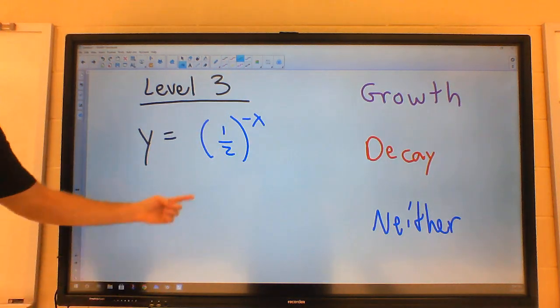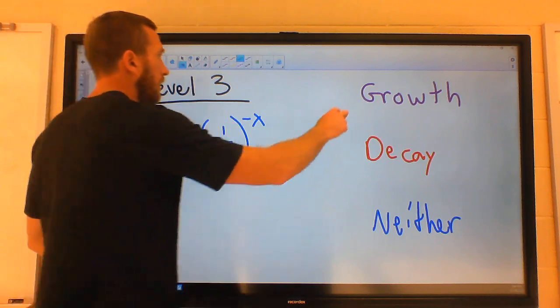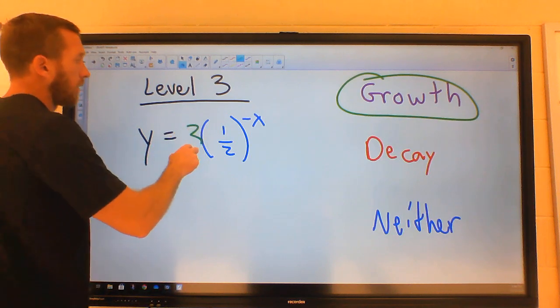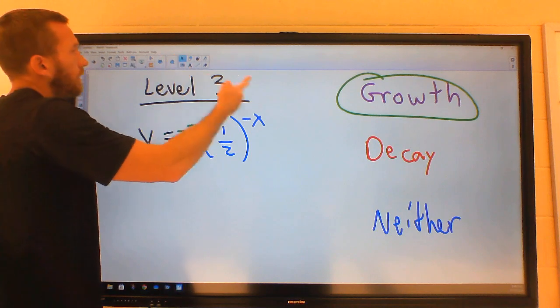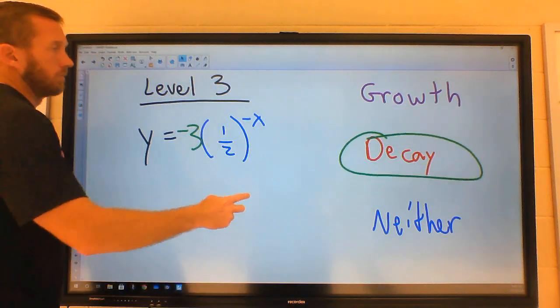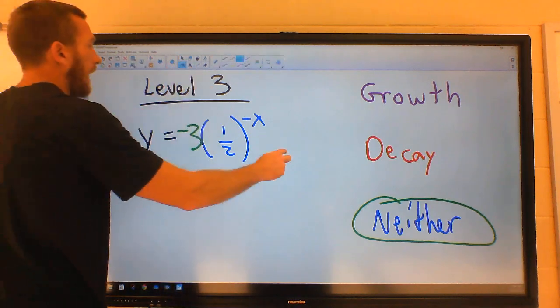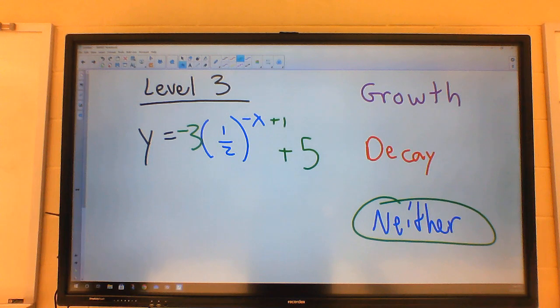Check this problem out. This was decay, but it's raised to a negative exponent, so now it's growth. And it doesn't matter what number we have out front, as long as it's not a negative, which would then make it a neither problem, okay? And if we add something out here or up here, that still does not change anything.